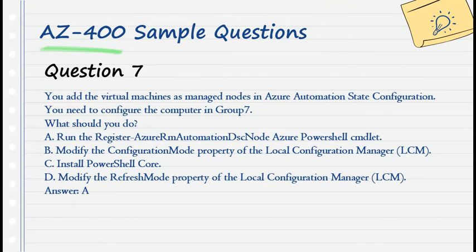B. Modify the configuration mode property of the Local Configuration Manager, LCM. C. Install PowerShell Core. D. Modify the refresh mode property of the Local Configuration Manager, LCM. Answer: A.